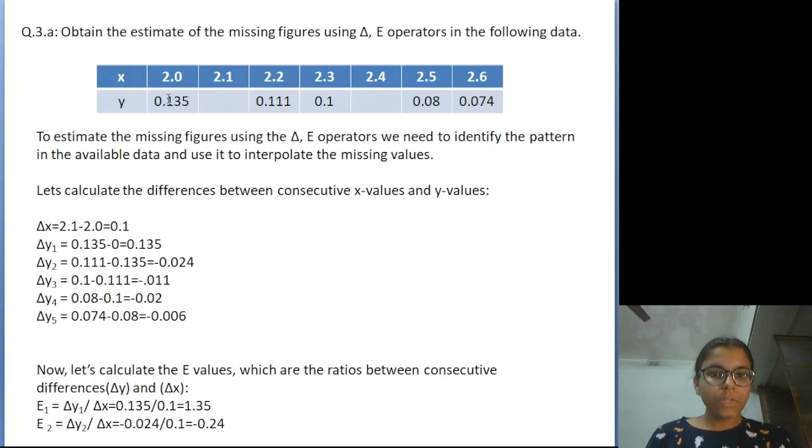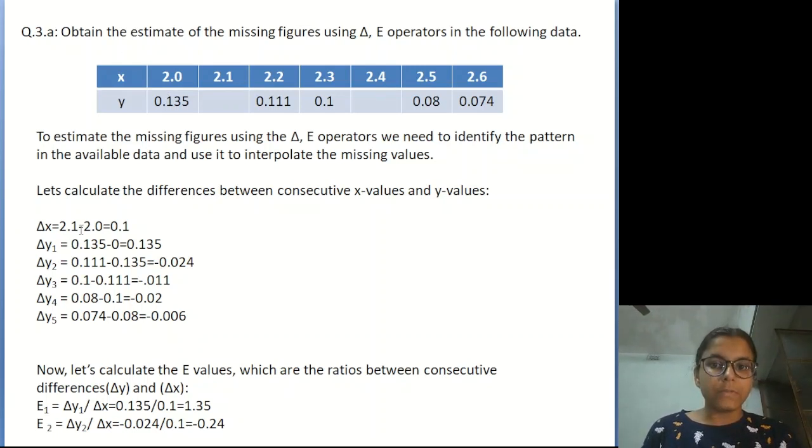As the value between consecutive x values is the same, 2.1 minus 2.0 we have 0.1. It would be the same for every other difference that we would get. I mean 2.2 and 2.1 difference would also be 0.1.